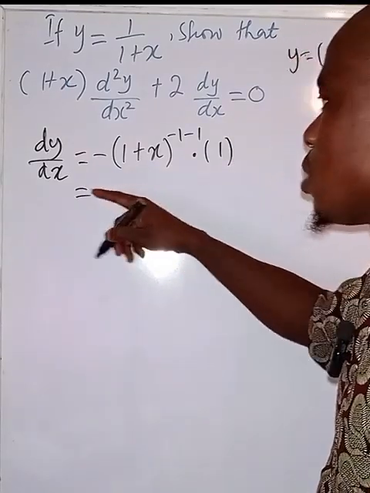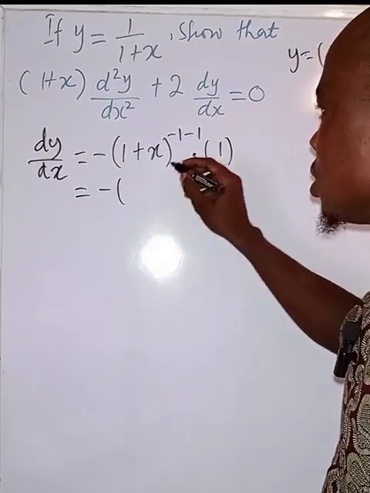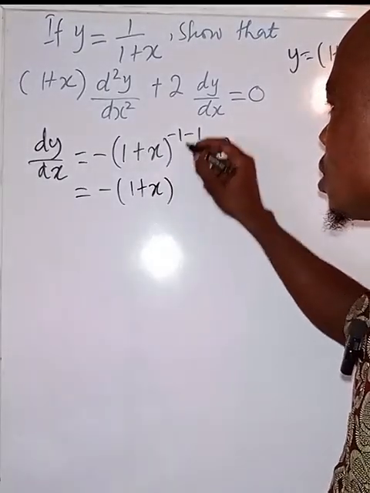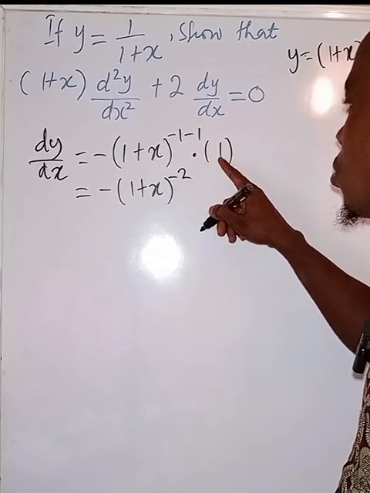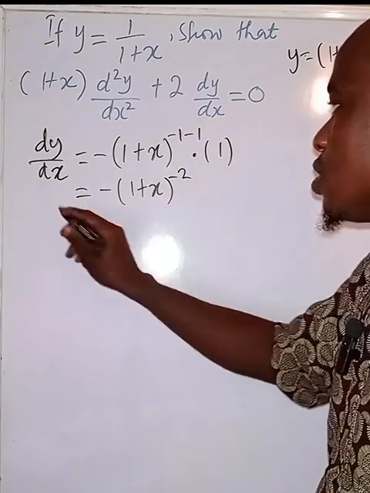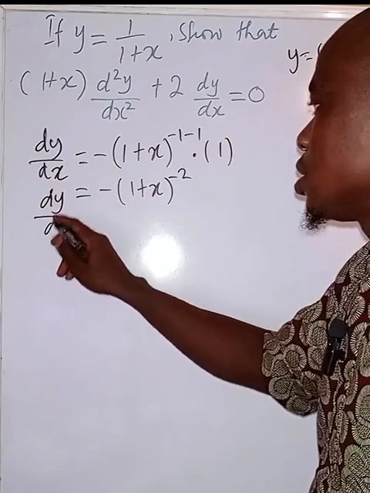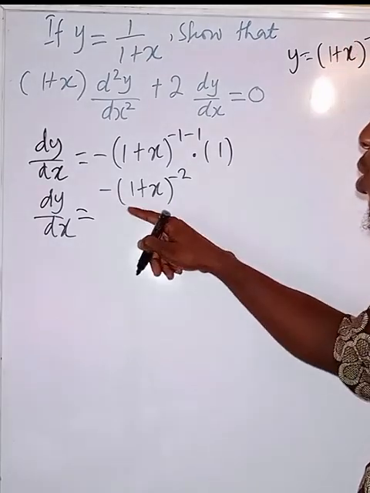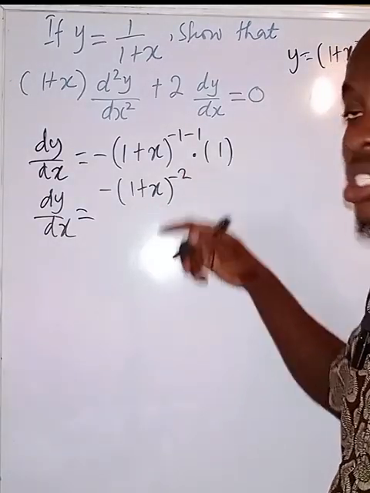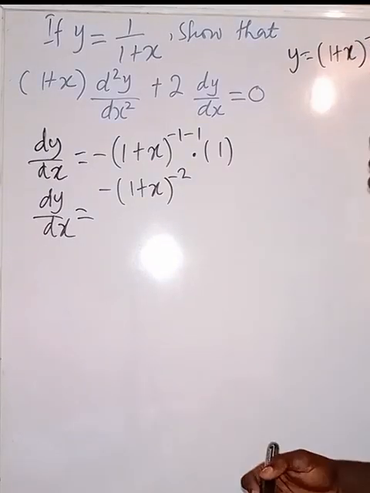So therefore we have dy dx to be minus 1 plus x, then minus 1, that's going to give us minus 2. So 1 times everything, so we're going to have this. So we have dy dx to be equal to minus (1 plus x) raised to power minus 2.